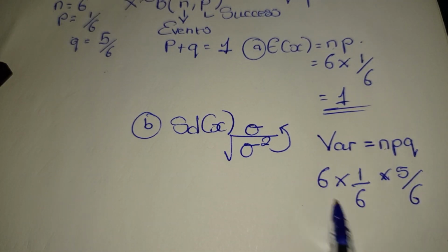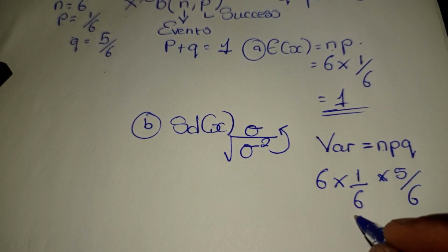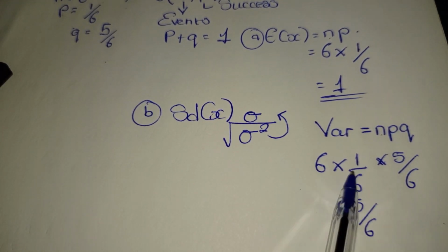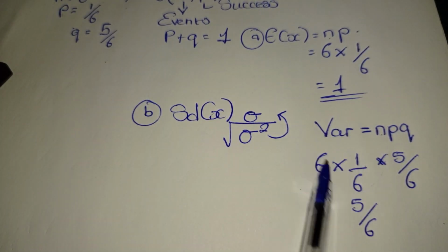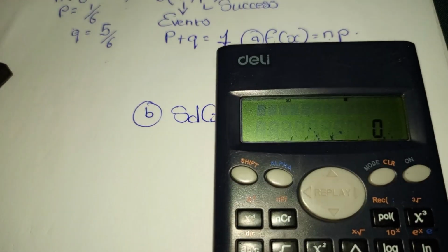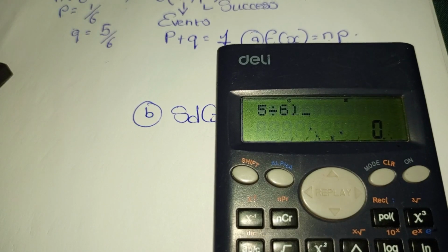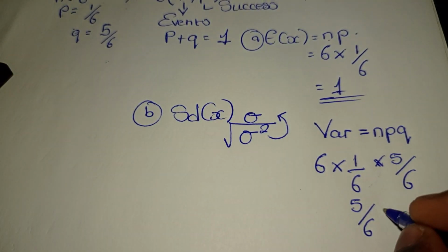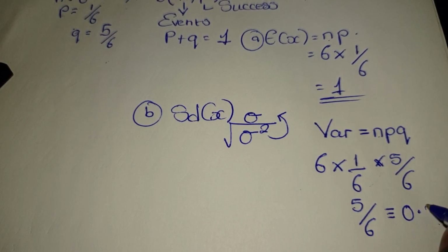So if you were to multiply, you will get your answer to be 5 over 6. Why? Because the 6 cancels with the 1 over 6, and 1 times what is here is still 5 over 6. But if you want, you can put your answer as a decimal, and you will have 0.833. So this is equivalent to 0.8333.